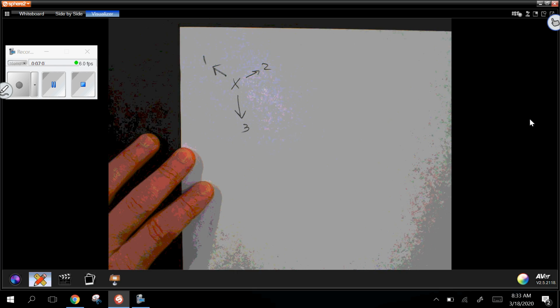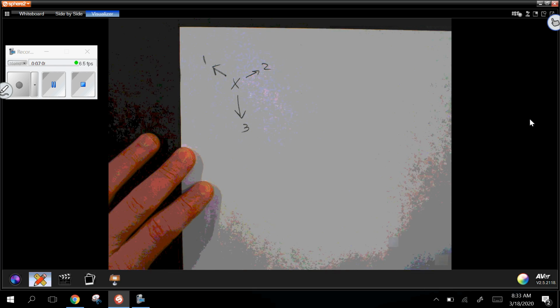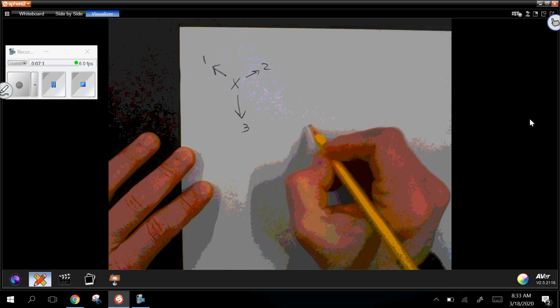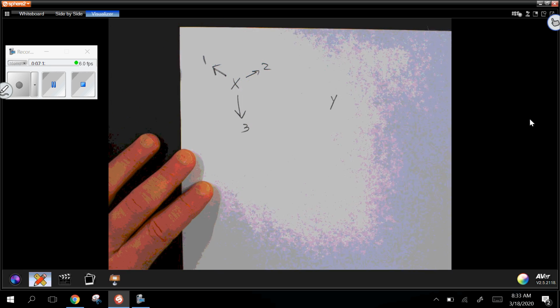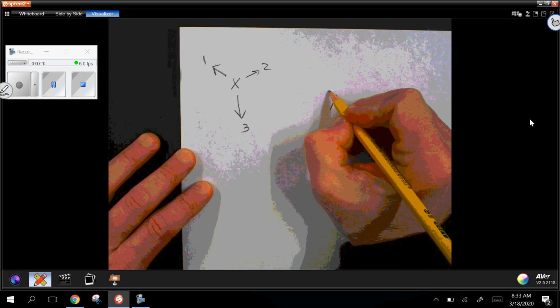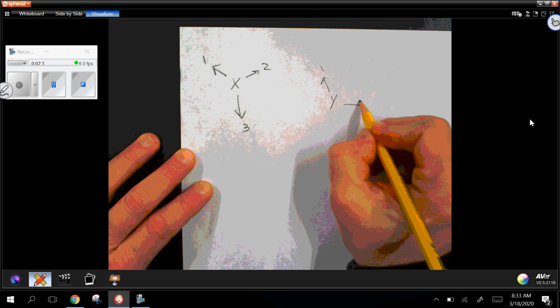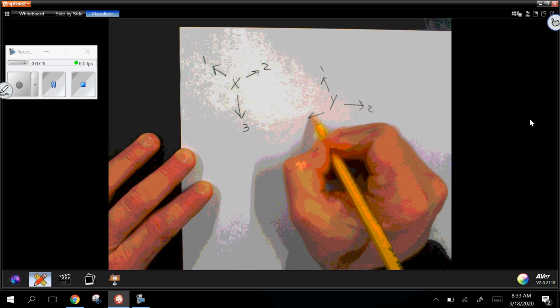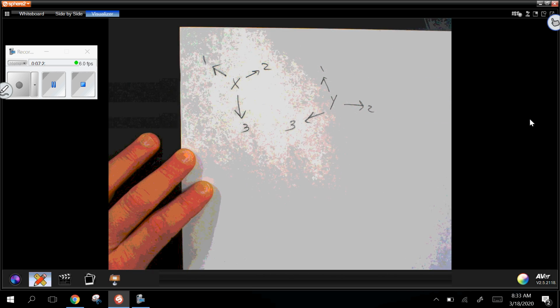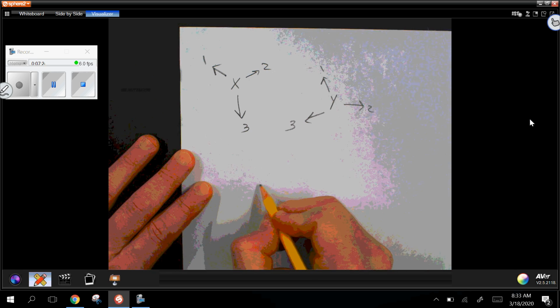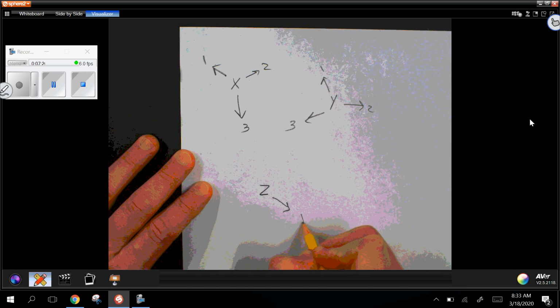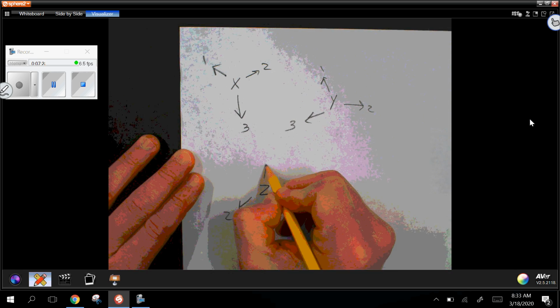I'm not exactly sure which one is correct. They all are potentially okay. Let's say I make another observation. We'll call it Y. Maybe I've got 2 or 3 or 4 explanations to that one. And then I make another observation, and let's say I've got some explanations for that.